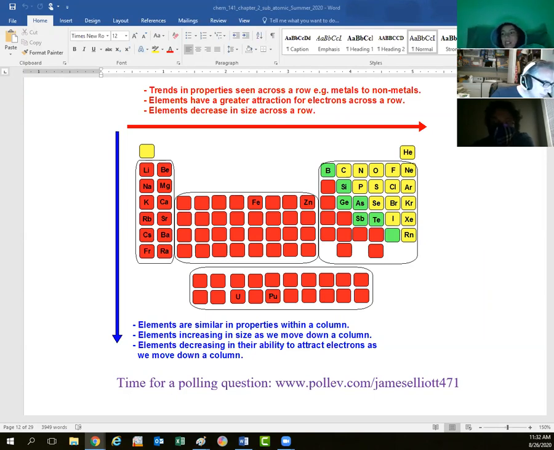Let's see. Let me check. So we now suspect you're in section 1. I don't see you in section 1. Let's see. Section 2.